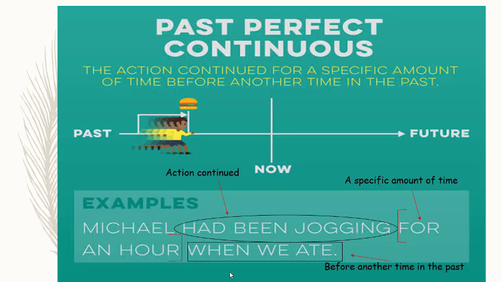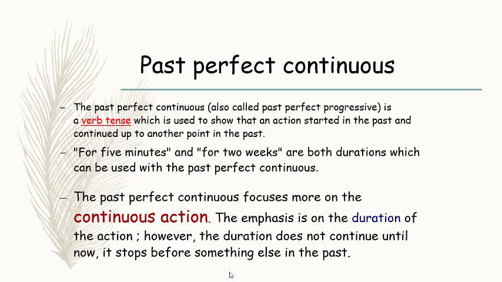For an hour here is a specific amount of time. We have to use this specific amount of time to know that we have to use past perfect continuous. Also, we can use another word that indicates a duration of time, like for 5 minutes, for 2 weeks. All of these are durations which can be used with the past perfect continuous.